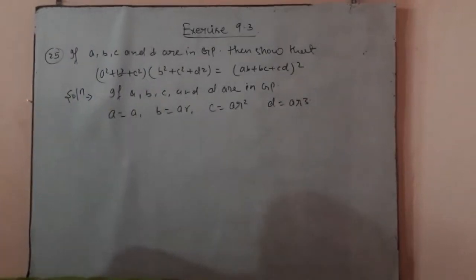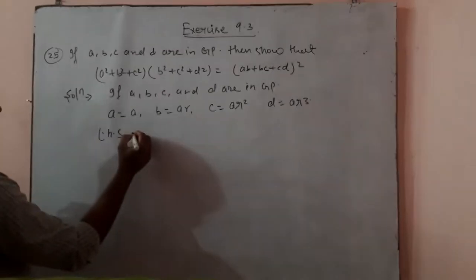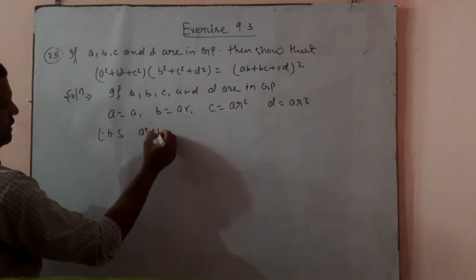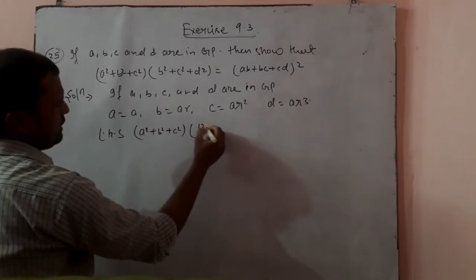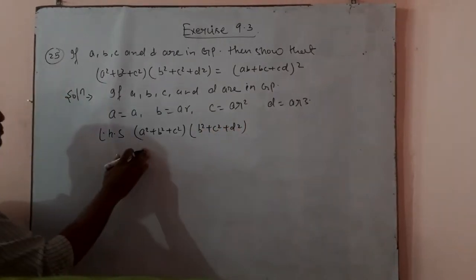Then A, B, C, D are in GP. Now take the LHS. LHS: (A square plus B square plus C square) in first bracket, (B square plus C square plus D square) in second bracket. Now put the values here.